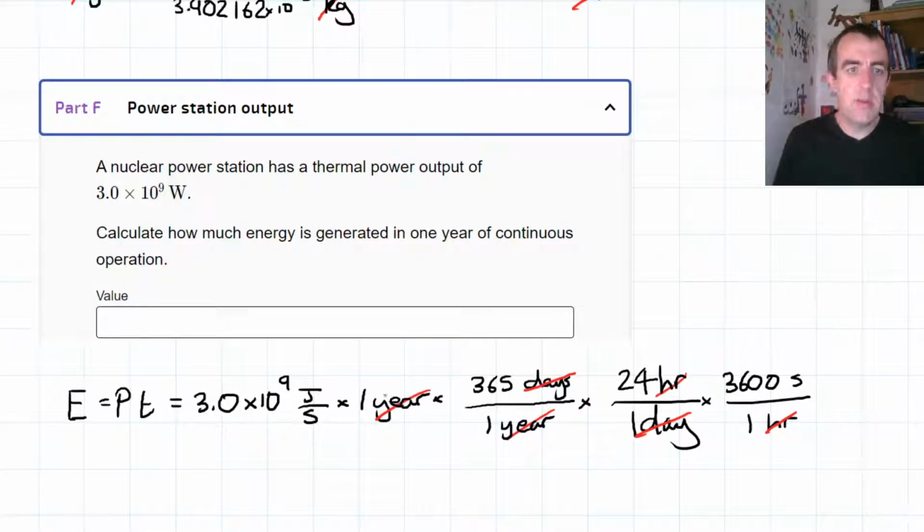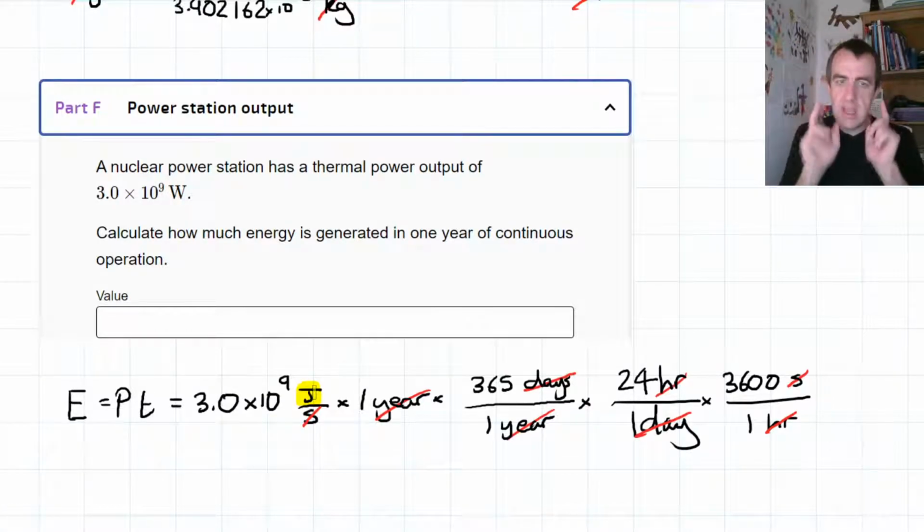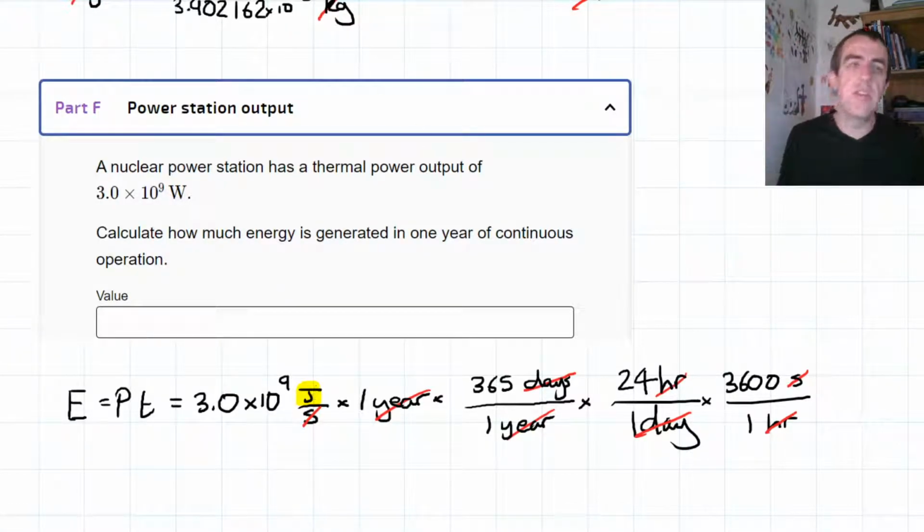And if you look, what I'm left with is seconds on the bottom, seconds on the top, so they're going to cancel as well. And the only unit I'm left with in this entire equation is joules. So using units is really helpful for doing these sorts of unit conversions, using units in the equations.